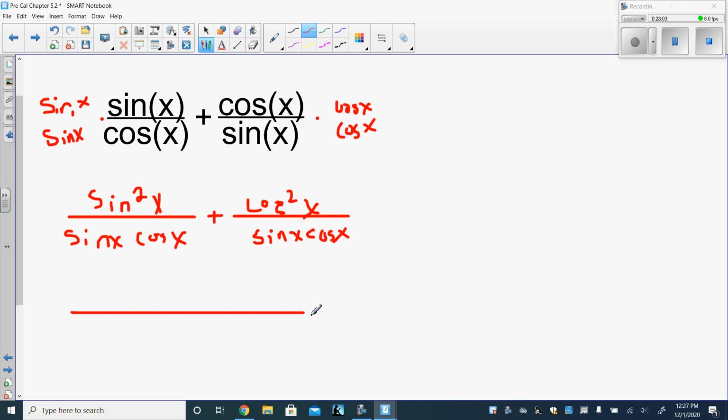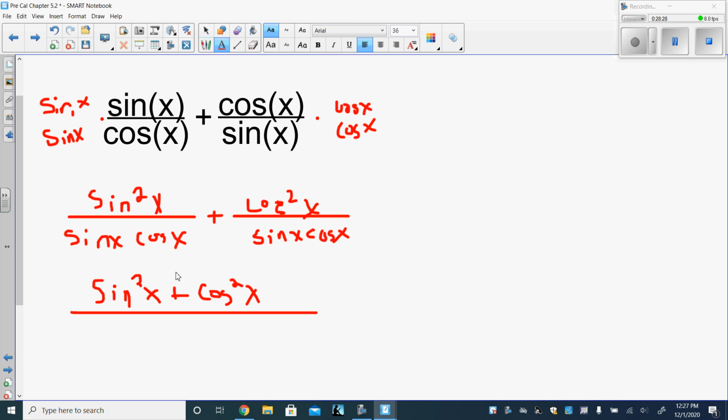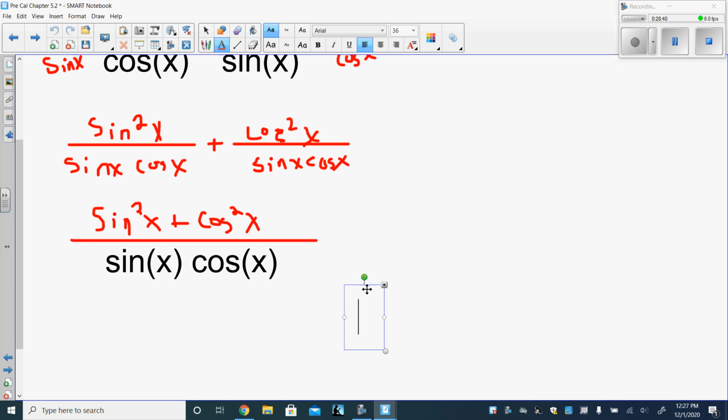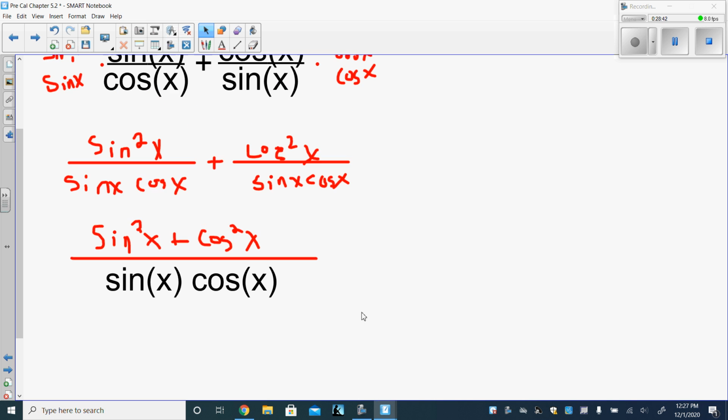And now that the denominators are the same, we can add them together. So on top of this fraction, we'll have sine squared of x plus cosine squared of x, and on bottom, it would be sine of x times cosine of x. Okay, so we're getting closer to what we need.